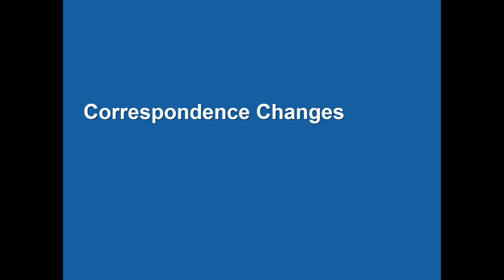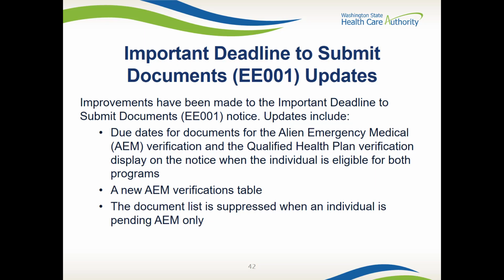Correspondence changes. Improvements have been made to the important deadline to submit documents notice. Updates include due dates for documents for the Alien Emergency Medical, or commonly known as AEM, verification and the Qualified Health Plan verification displayed on the notice when an individual is eligible for both programs.